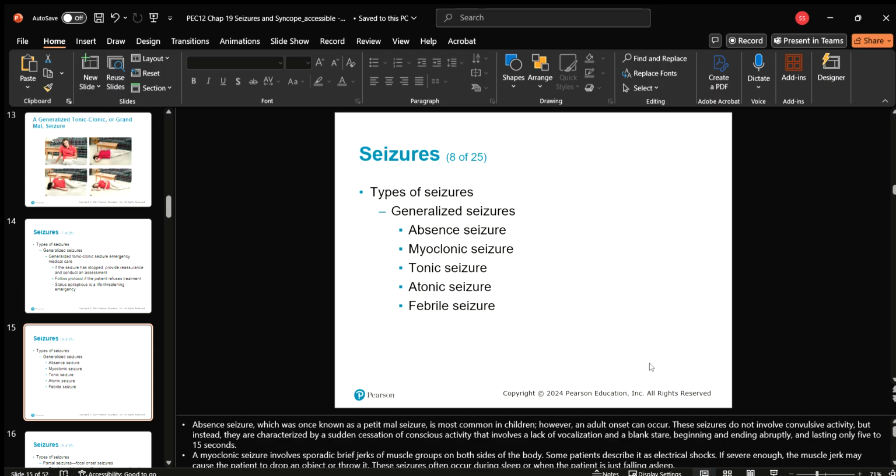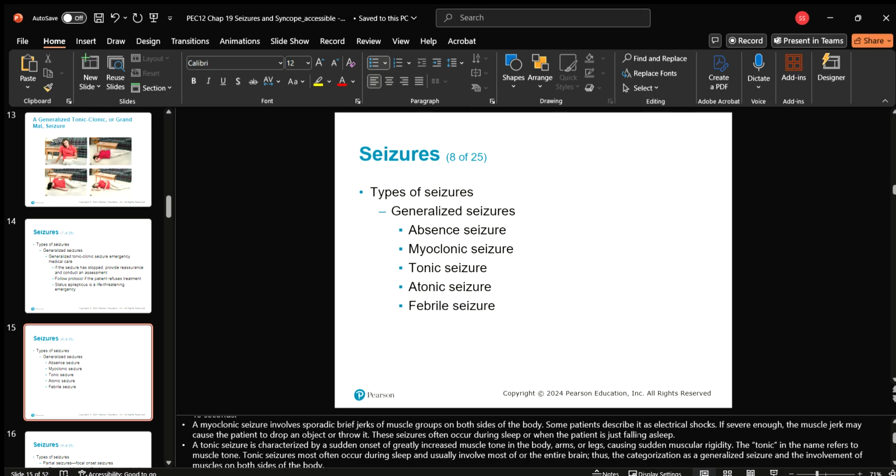Myoclonic seizures. Okay, these are brief spasms, brief muscle jerks of the body. They can occur in groups of muscles, and they can occur on both sides of the body. Tonic, we talked about this. The tonic seizure, okay, is the increased muscle tone of the body, the muscle rigidity. And like I talked about earlier, febrile seizures.